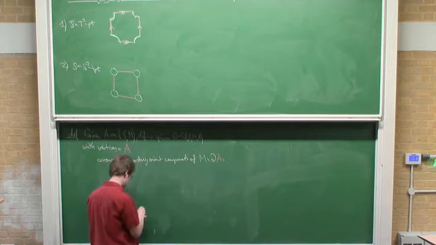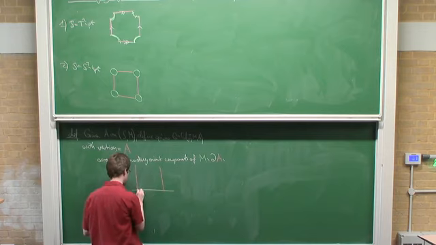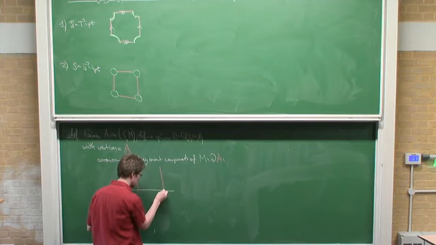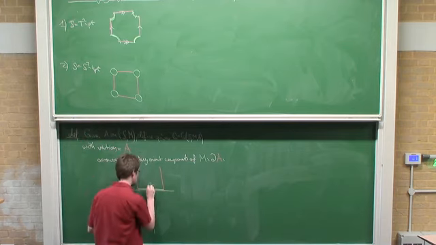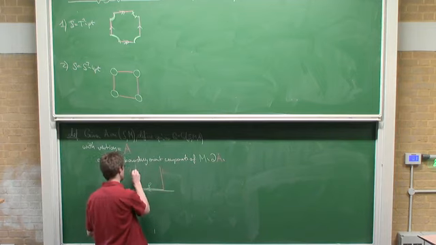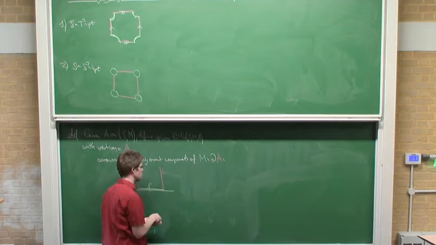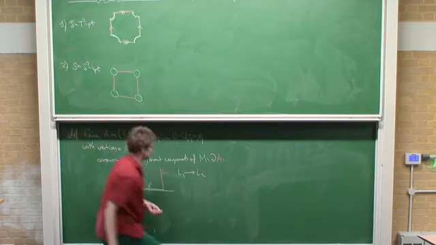Part of the boundary looks like this, and then we might have two arcs. Then we choose some convention on our boundary with orientation. Let's say this is L1, this is L2, and that would correspond to an arrow from L1 to L2.